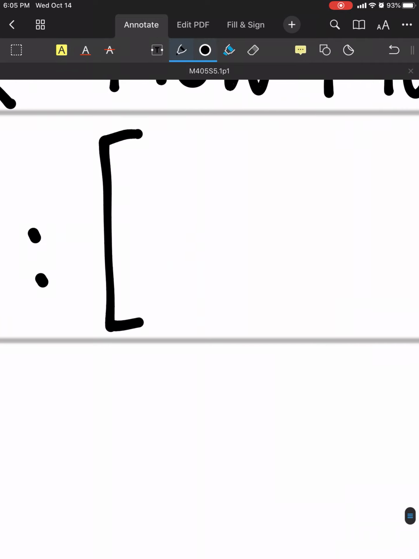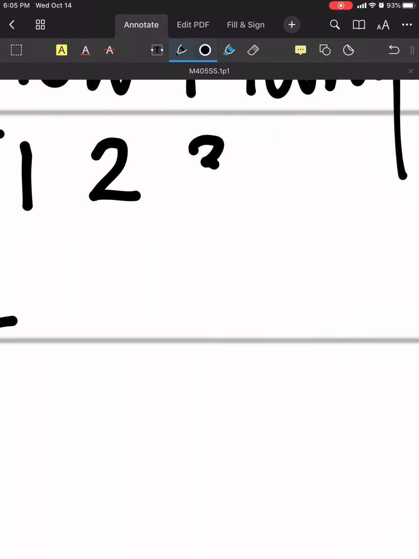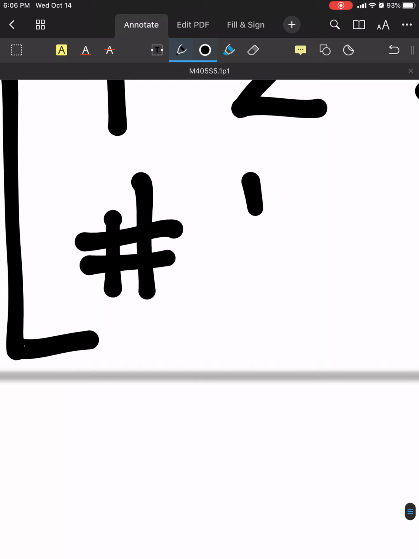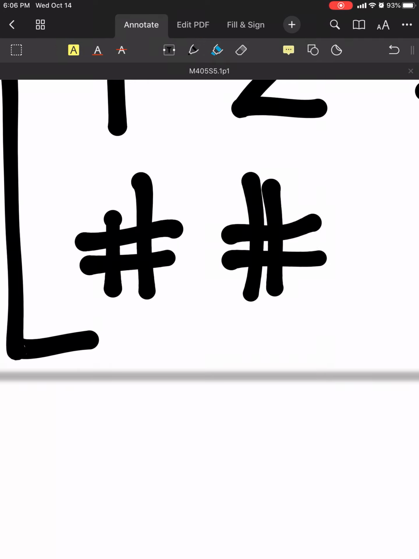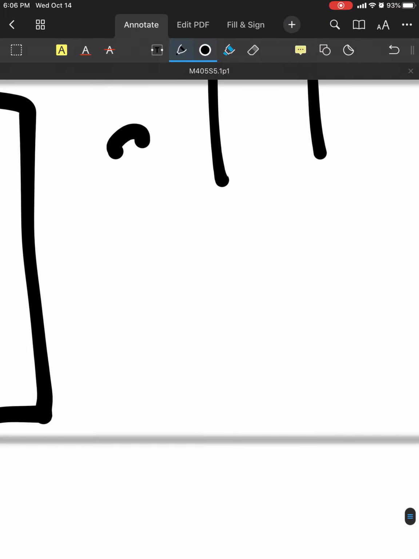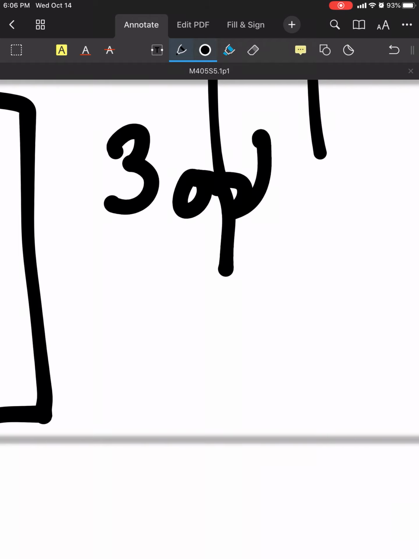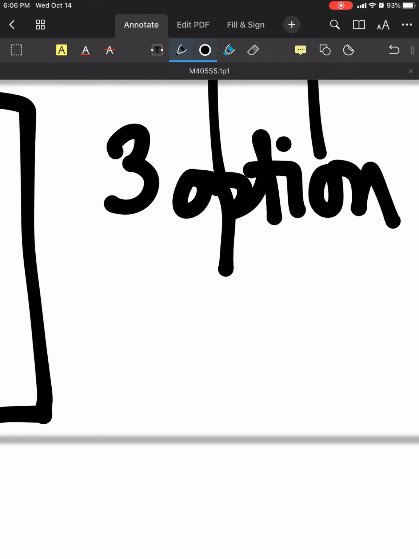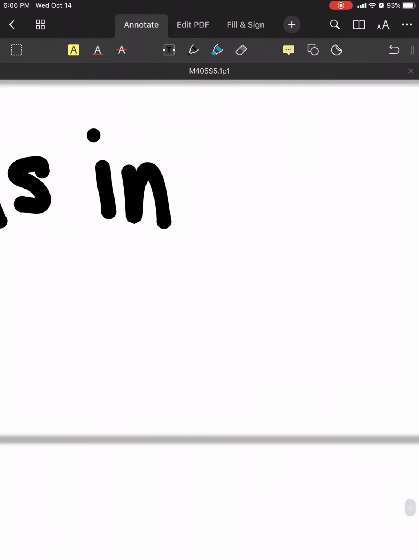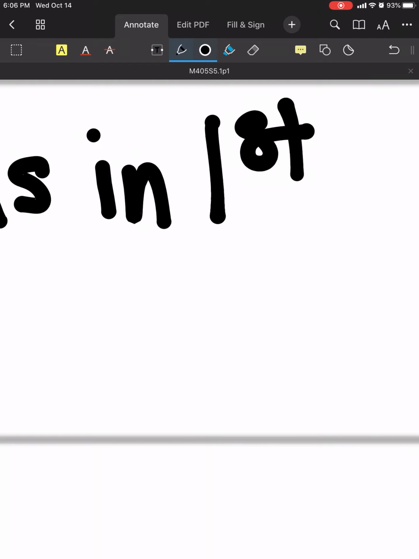If we want to look at 1, 2, 3, we have to figure out how many options we have in each of these spots. What we find out is we have 3 options in the first spot, because it could be 1, 2, or 3.